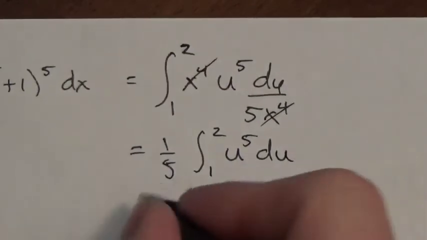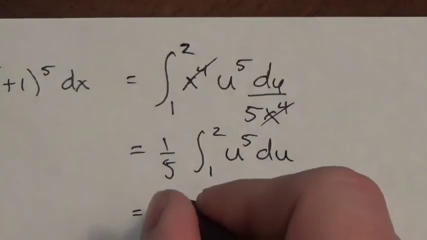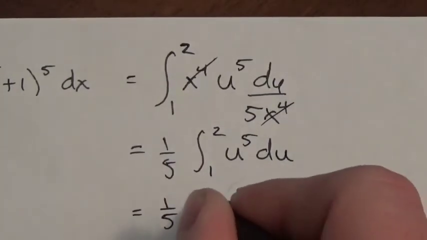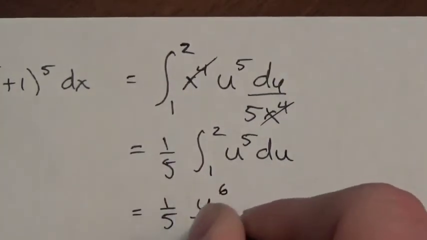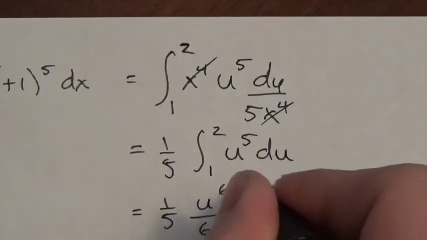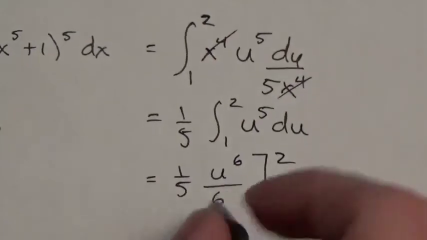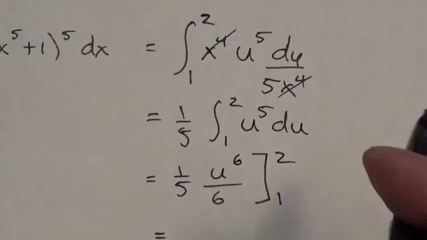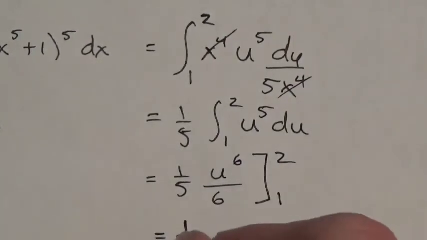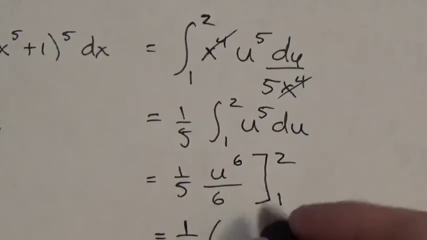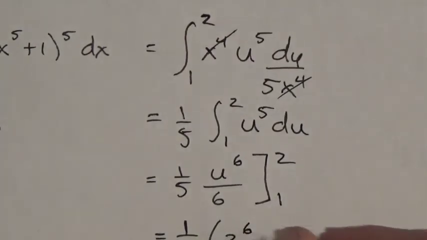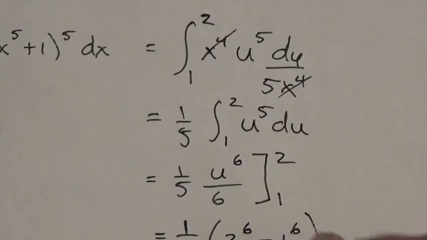I've made a complete transition over. So this is going to be 1/5 u to the 6th over 6, and we're going to evaluate that between 1 and 2. So this is going to be 1 over 30, and that'll be 2 to the 6 minus 1 to the 6.